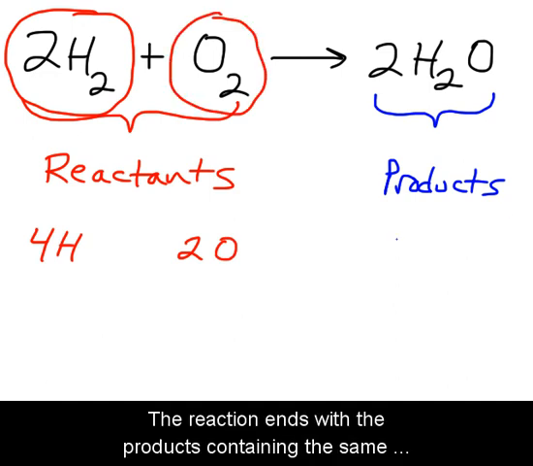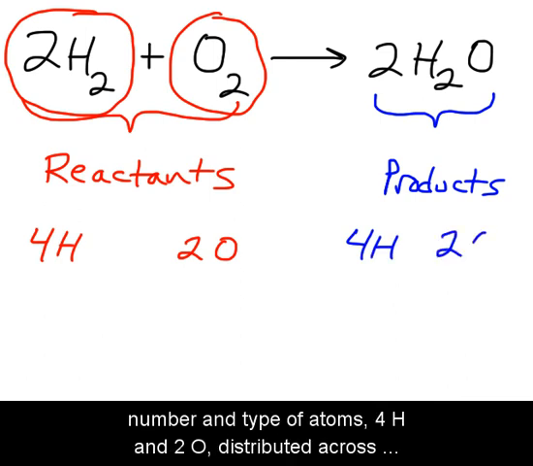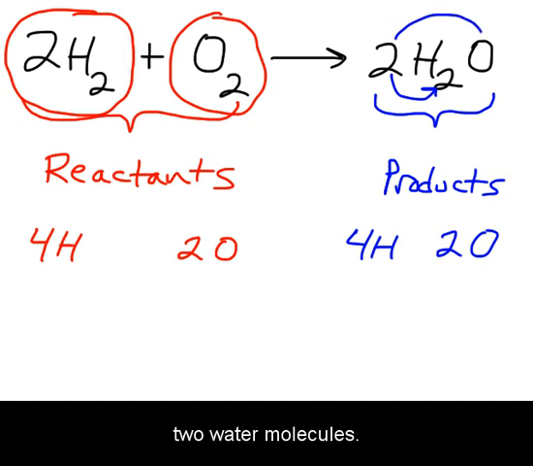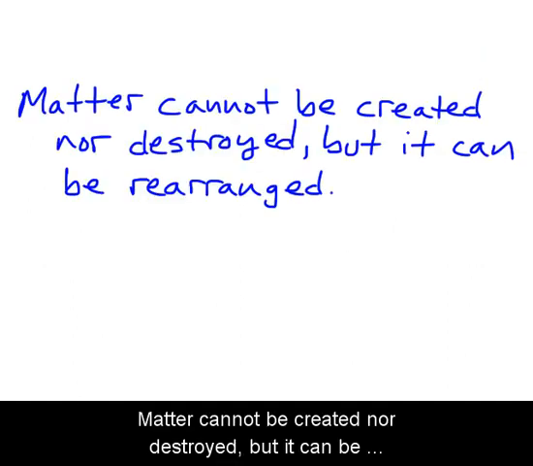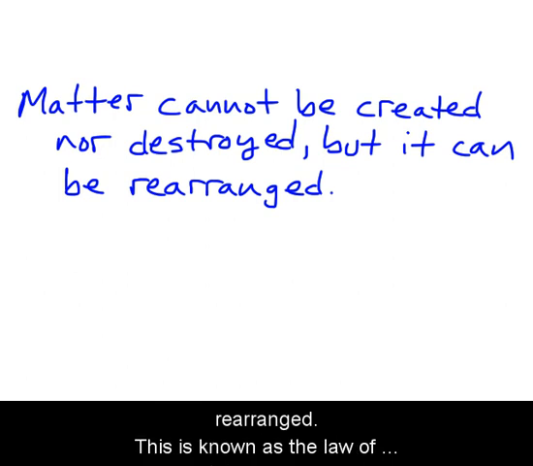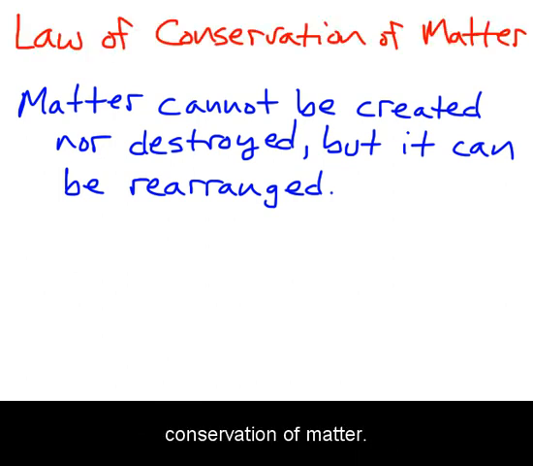The reaction ends with the products containing the same number and type of atoms, 4 hydrogen and 2 oxygen, distributed across 2 water molecules. Matter cannot be created nor destroyed, but it can be rearranged. This is known as the law of conservation of matter.